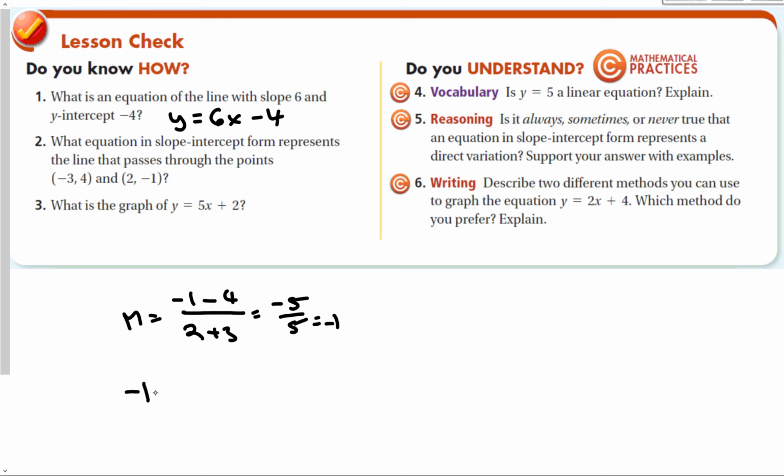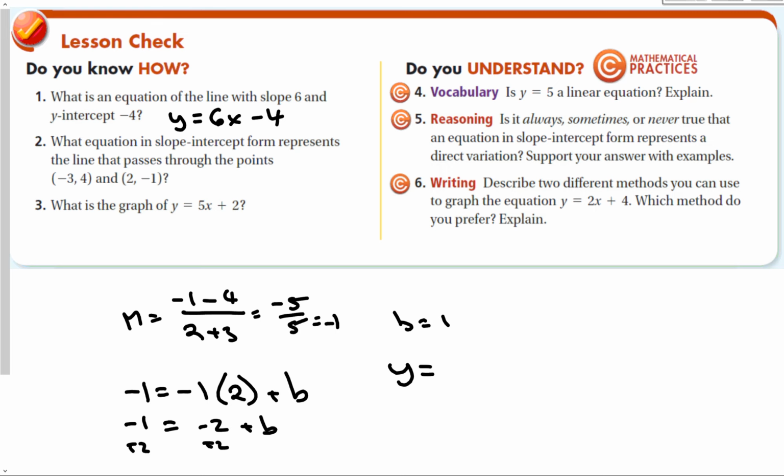So that's -1 is going to be equal to the slope times x plus b. So -1 is -2 plus b. Add 2 to both sides, and we get that b is equal to 1. So y is going to be equal to -x plus 1.